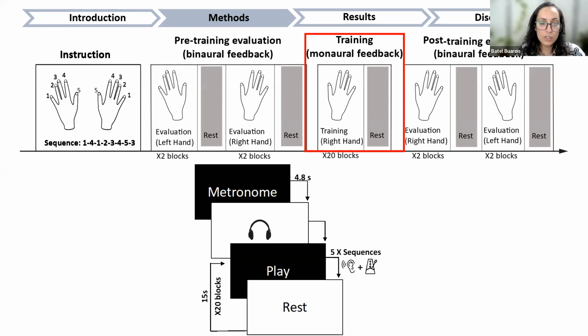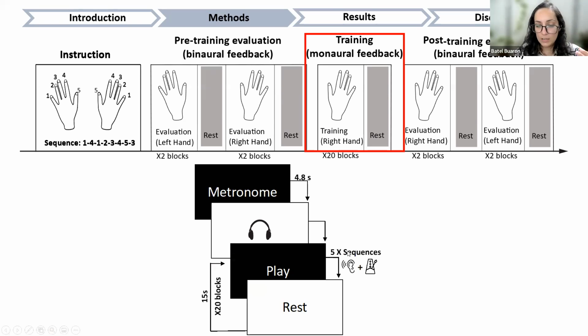So within each training day, participants had to repeat the sequence as accurately as they could with one specific hand, depending on the group they were in. So in this example, right hand. And they received auditory feedback only to one ear, in this example, the left ear. And they had to try and improve as much as they could.